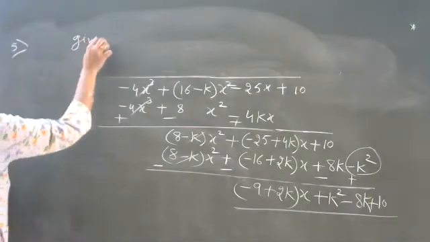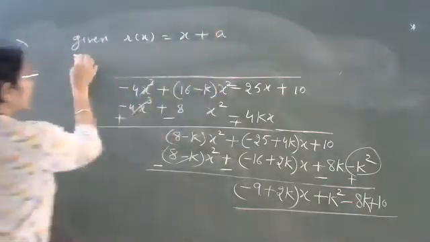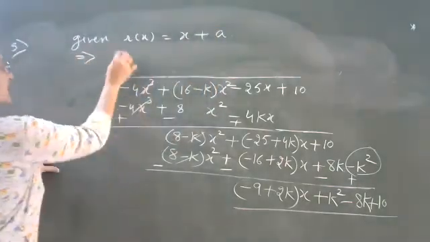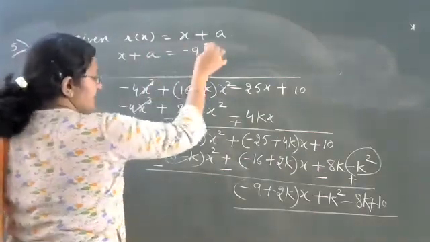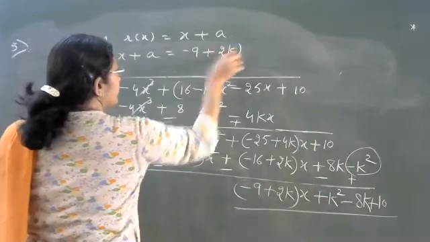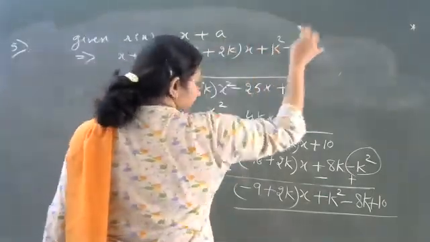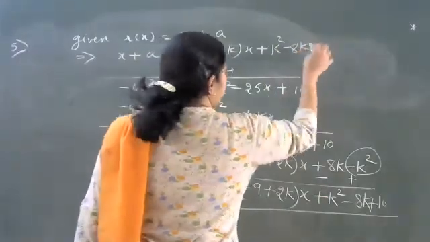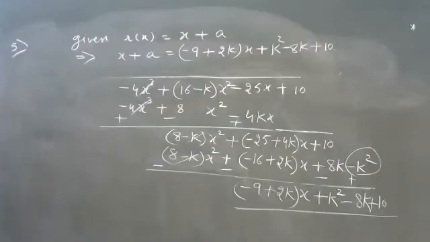Given Rx is equal to x plus a, which implies x plus a is equal to ये वाली वैल्यू -9 plus 2k into x plus k square minus 8k plus 10. आपको a की वैल्यू फाइंड करनी है और आपको k की वैल्यू फाइंड करनी है.